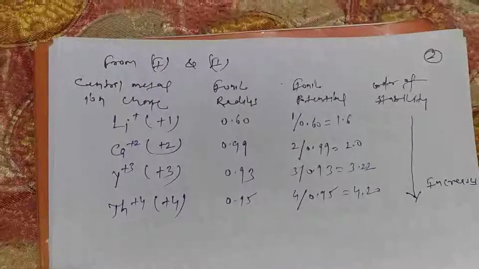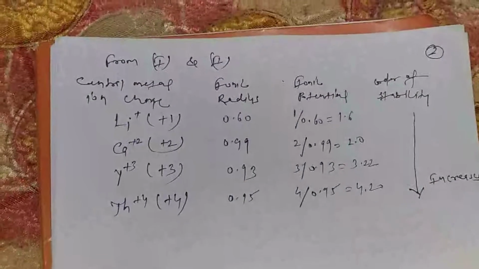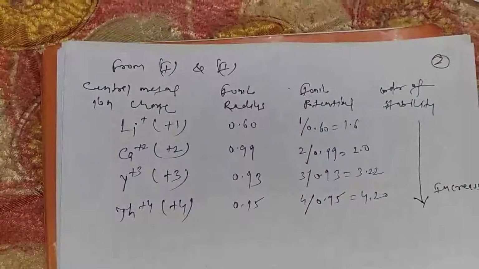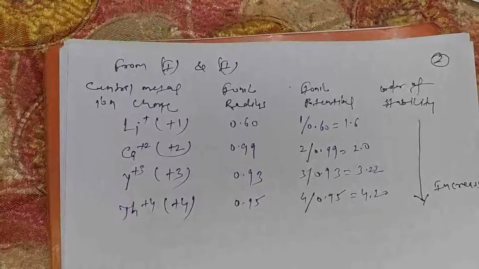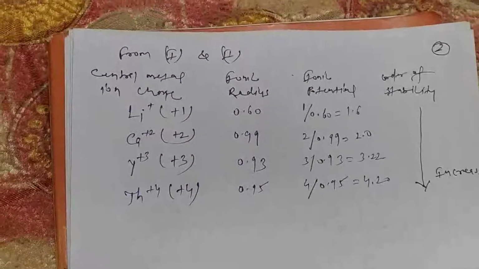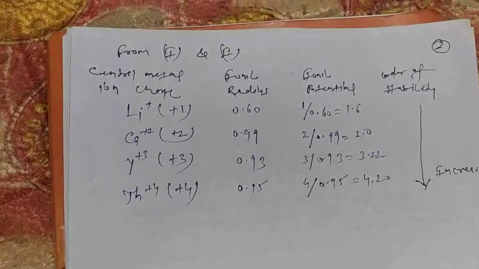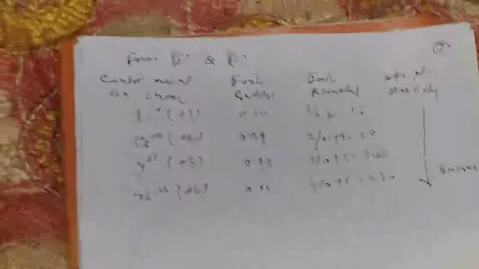Greater the charge and smaller the size, or we can say the larger the charge and radius ratio of the metal ion, the greater is the stability.